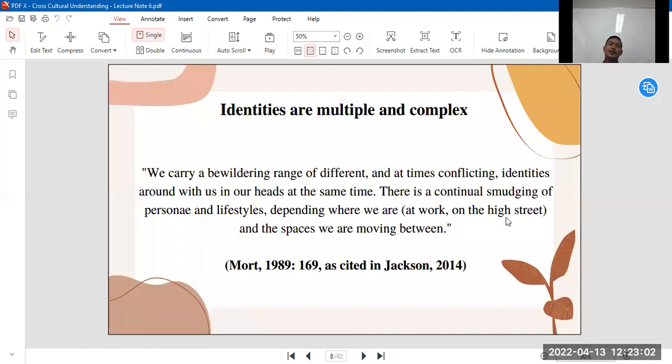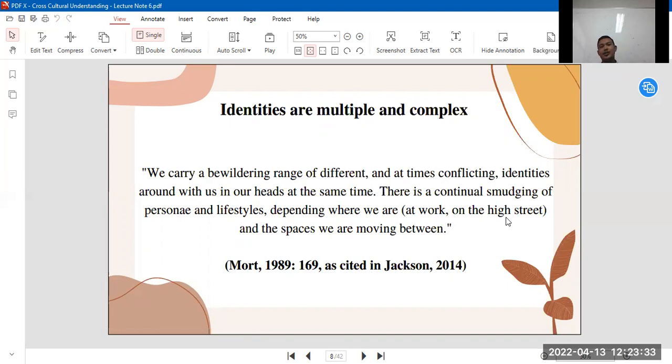Well, the second one is the characteristic of identity. Here it is multiple and complex. We carry a bewildering range of different and at times conflicting identities around with us in our heads at the same time.